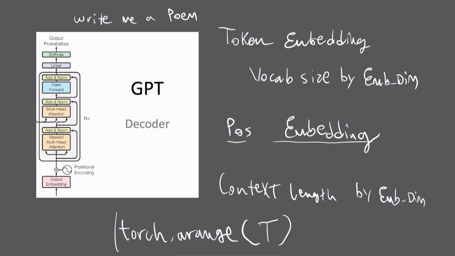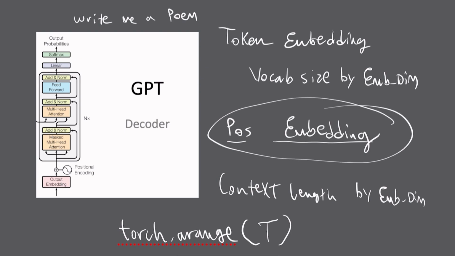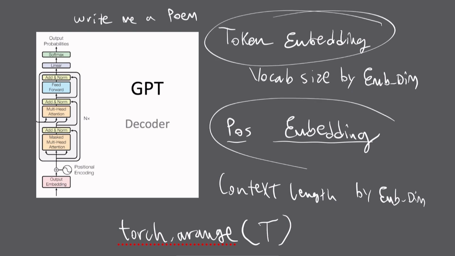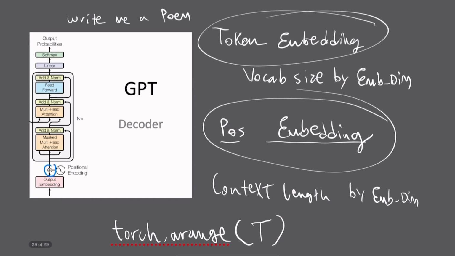We're actually going to pass in torch.arange of capital T, where torch.arange generates a tensor of size T that is sorted in order, where its values go from 0 to capital T -1. And that's how we would want to index our embedding lookup table. And once we have the token embeddings generated, once we have the positional embeddings generated, we simply go ahead and add those two tensors together before we feed them into the transformer block.